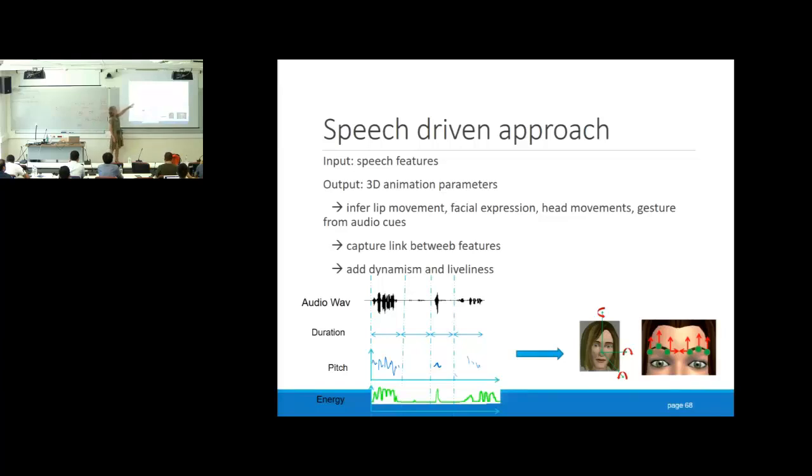Right now we're working on the gesture, but it's not really ready yet. So what we want to find out is the link between all those different features, to capture how they're correlated, and it also adds a lot of dynamism to the animation.